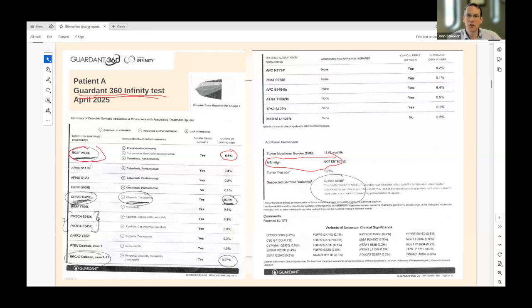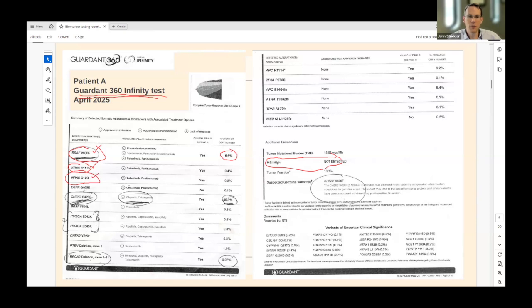But there's new things, KRAS and NRAS. These have been acquired. They weren't there before. One of the things we know about KRAS and NRAS is that when you treat with targeted therapies, that tumor is trying to evolve to survive that targeted therapy. So it will grow out these resistant variants, and you'll see it right here.